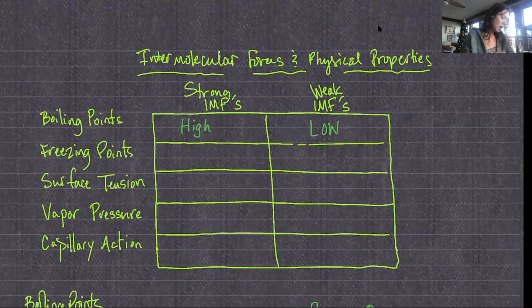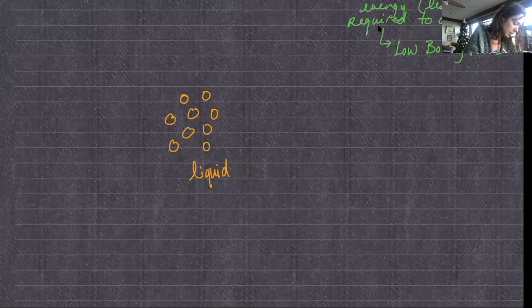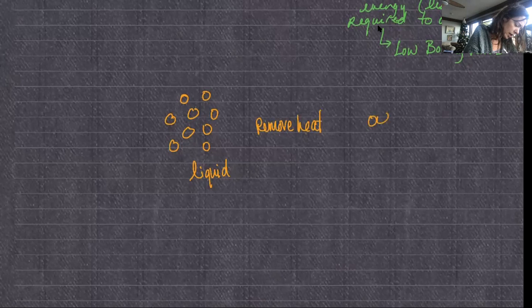Okay, now freezing points. Think about what has to happen to freeze. We've got to have the molecules that are in slight random motion in the liquid form, right? We've got to remove the heat, right? We've got to take the heat away so that it can solidify, okay? All right.